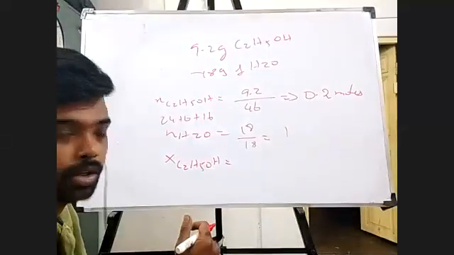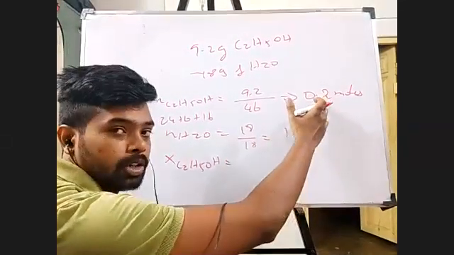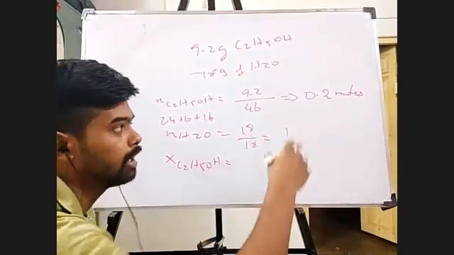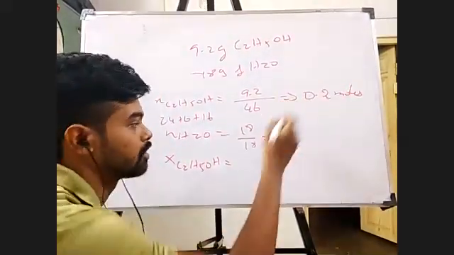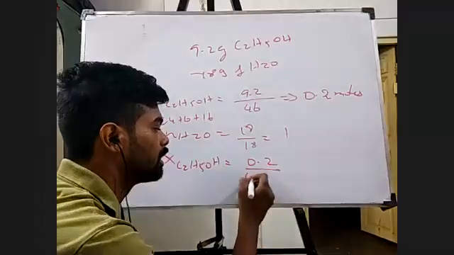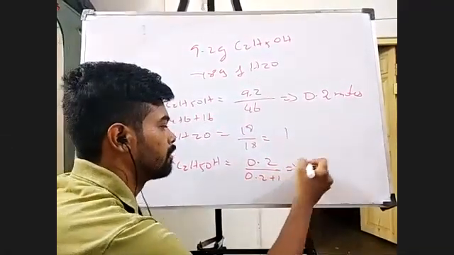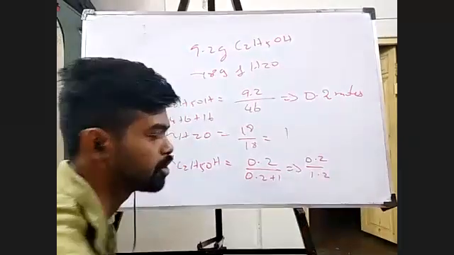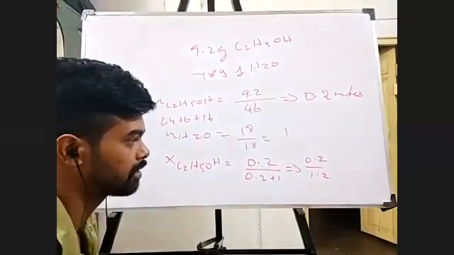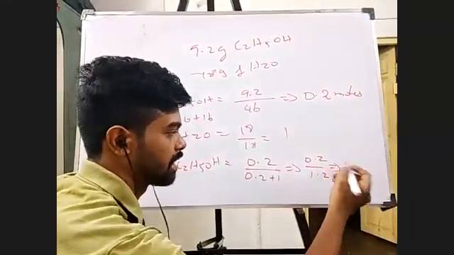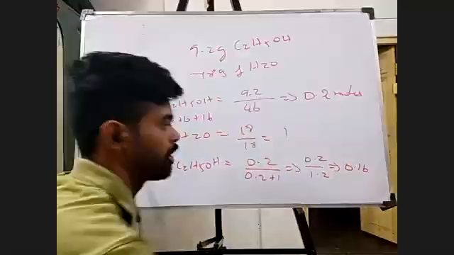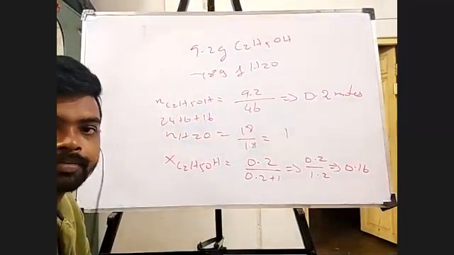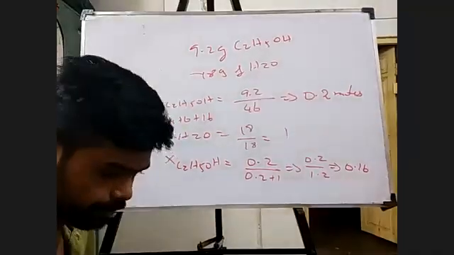X of C2H5OH, that is the mole fraction of C2H5OH, is the number of moles of C2H5OH divided by the number of moles of C2H5OH plus the number of moles of water. So that would be 0.2 divided by 0.2 plus 1, which is 0.2 divided by 1.2. So the answer should be 0.16. I think it's correct. Understood, guys?